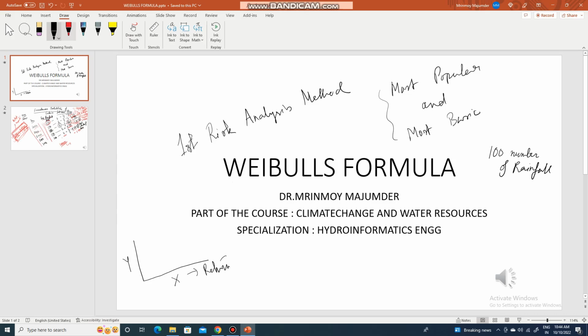return periods or the probability of events are used for risk analysis of different hydraulic structures, because with this we can estimate the frequency of extreme events that can take place in the location of interest. That means in the location where we are planning to build the hydraulic structure.